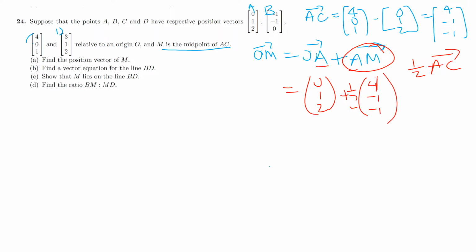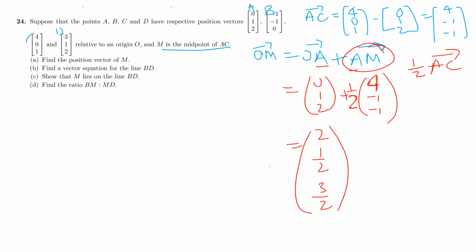Okay, there we go, half of that. So putting that together, we've got 0 plus half of 4, which is 2, negative a half, 1 minus a half, and 2 minus a half again, so 1.5. So our M position vector is 2.5 and 3 on 2.